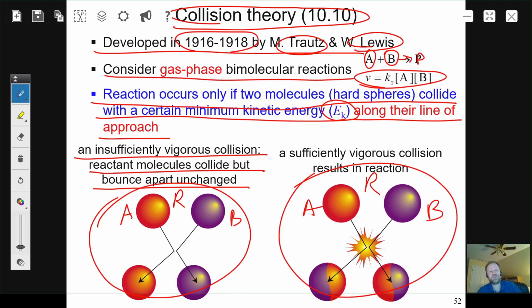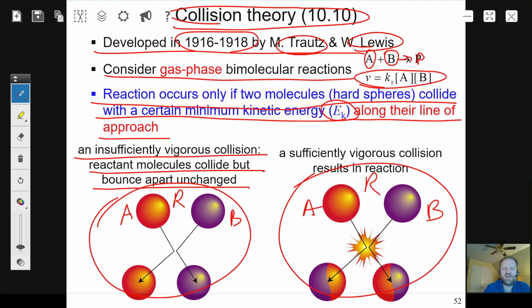So in such a case, we can argue that the two molecules, and again, in this theory the molecules are represented as hard spheres, do not have enough kinetic energy along their line of approach to form products.